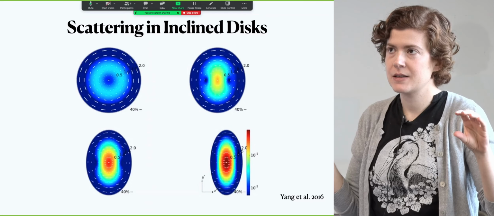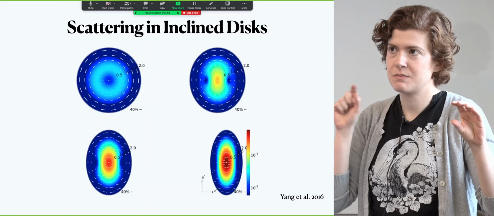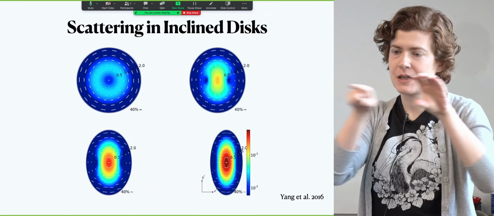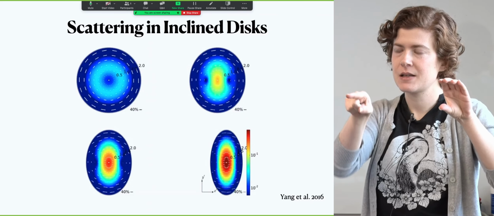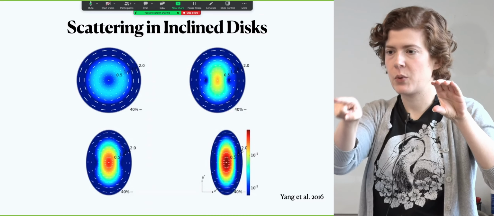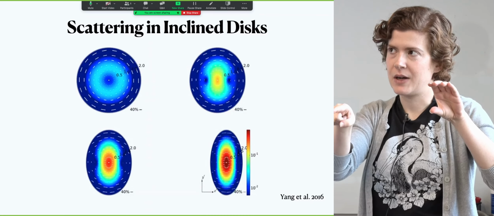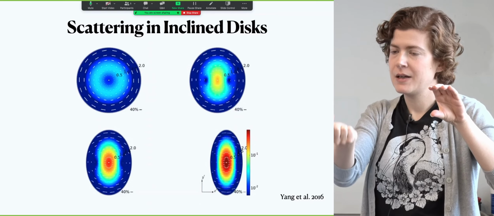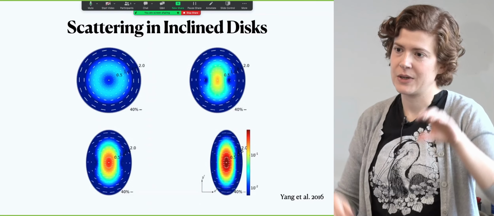If you've got a photon that's coming out along the disk's minor axis, from your point of view, it hits a dust grain, it gets scattered at a 90-degree angle. That scattered photon is not going along your line of sight.